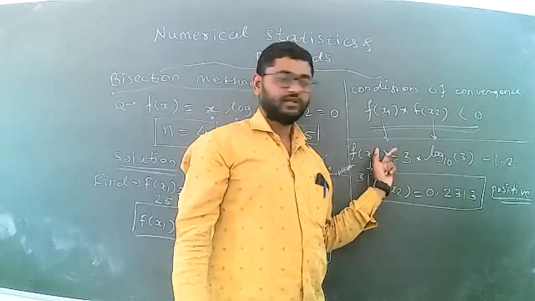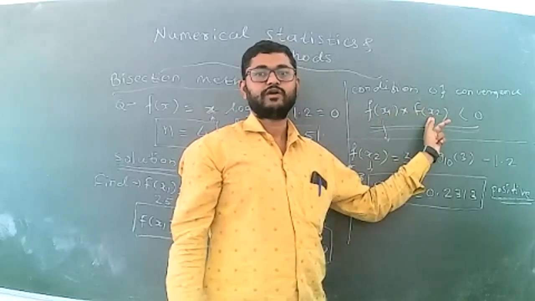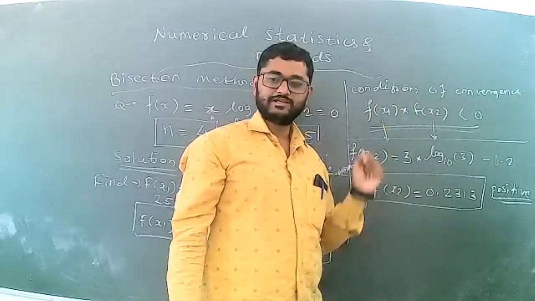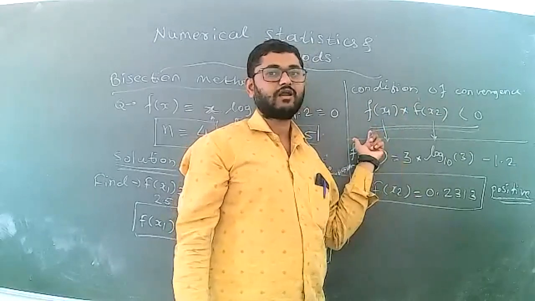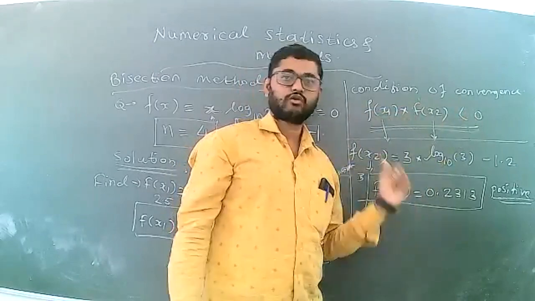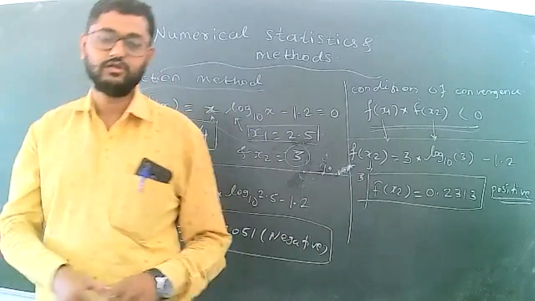We multiply f of x1 and f of x2 and check whether it is less than or greater than 0. If it is less than 0, then our initial guesses are correct. If it is greater than 0, then our initial guesses are wrong, and we have to consider the next initial guesses.